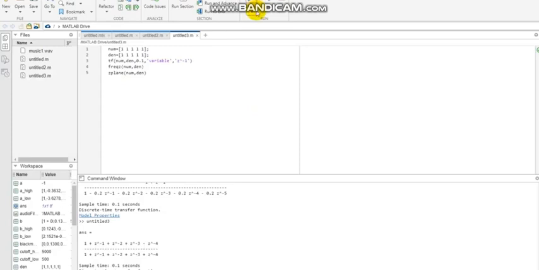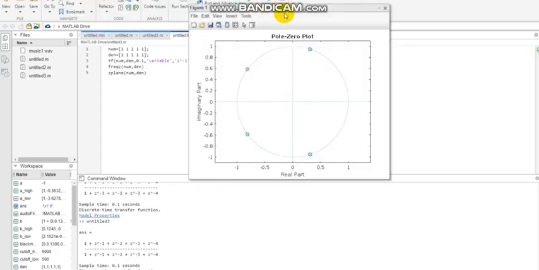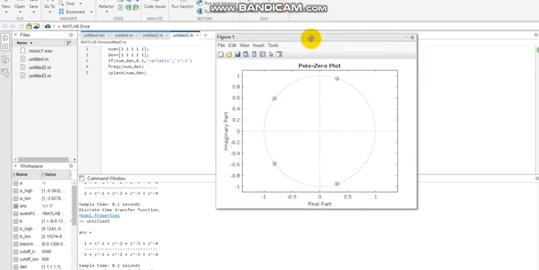We need to run as before, with just a change in the values. Now this value is showing that the poles and zeros are over one another, and similarly they are on the line of the unit circle.